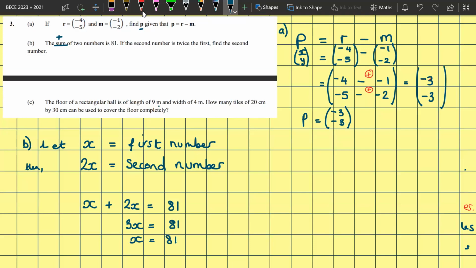81 divided by 3. Okay, now feel free to use any method to do that division. If you know it mentally, that's fine. You can use the bus stop method for dividing. If you're unsure what the answer is, always use any method you're comfortable with. How many 3's are in 8?